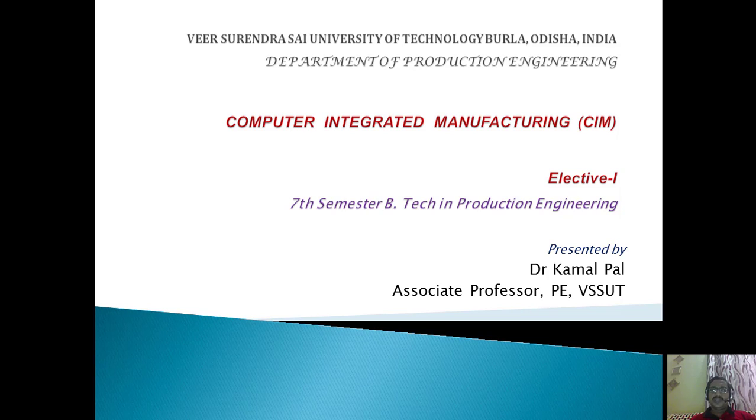In the previous lecture, we understood the meaning of computer integrated manufacturing and what the subsystems of CIM are, how CIM works and its application areas, that is, where CIM application is justified economically in the long run.